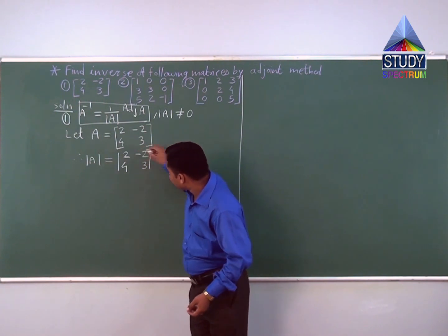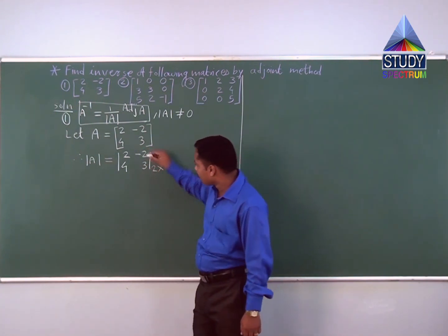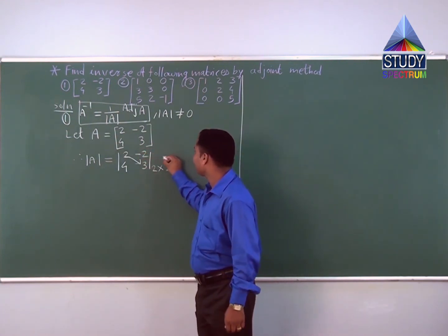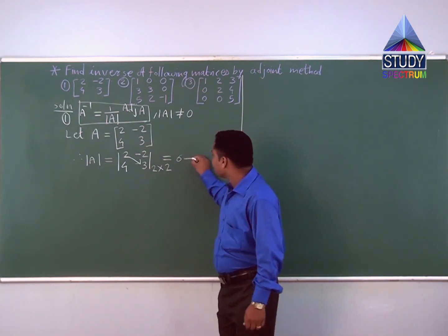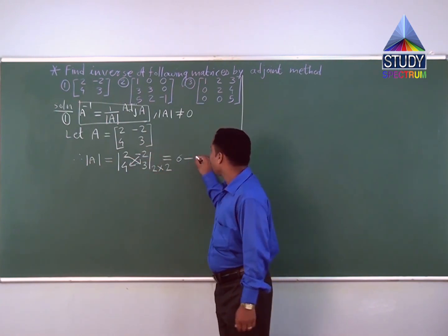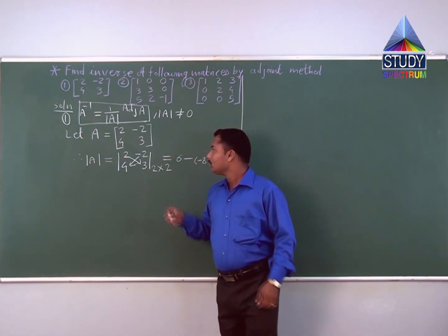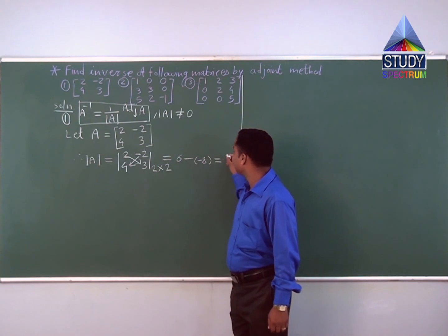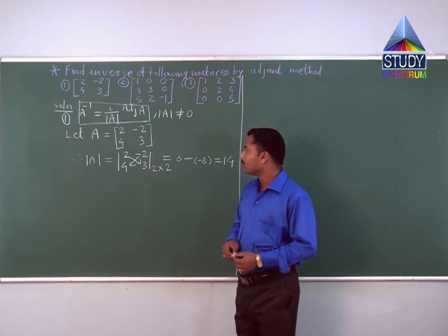Here this is a 2 by 2 determinant, so directly cross multiply: 2 into 3, 6, minus 2 into 4, minus 8, equal to 6 plus 8, 14.